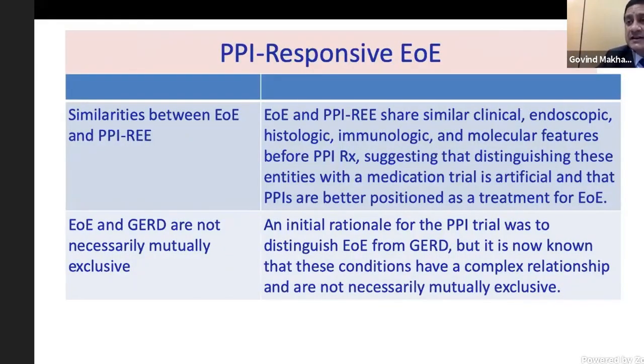This was done almost 4 years back because the picture of both of them is similar, and there is a condition defined as PPI-responsive eosinophilic esophagitis. There are patients with eosinophilic esophagitis who respond to PPI, and they can have a similar picture like eosinophilic esophagitis. So these two cannot be differentiated. Therefore, the criterion of 8 weeks of PPI before making a diagnosis was removed from the criteria for EoE. And the PPI has become a treatment part of eosinophilic esophagitis.